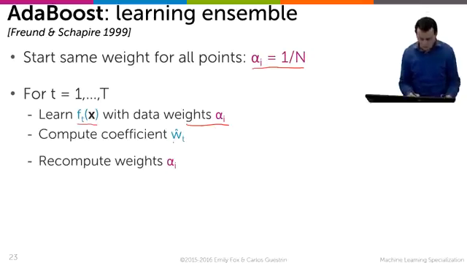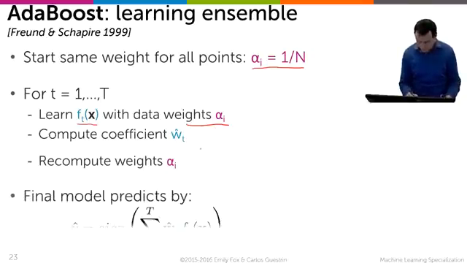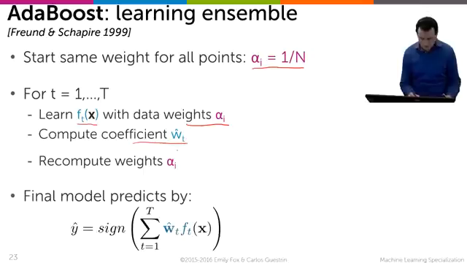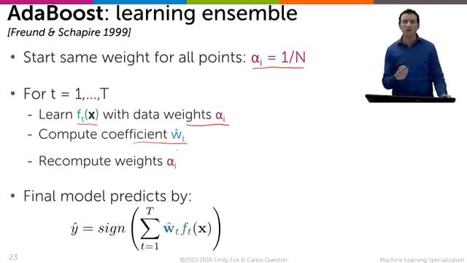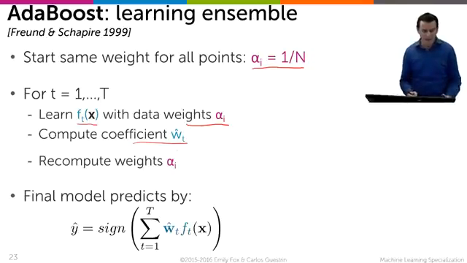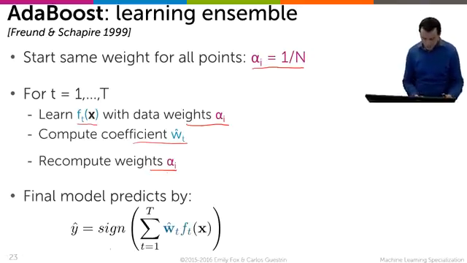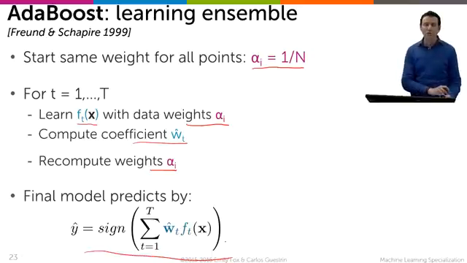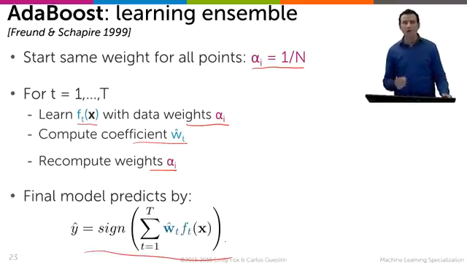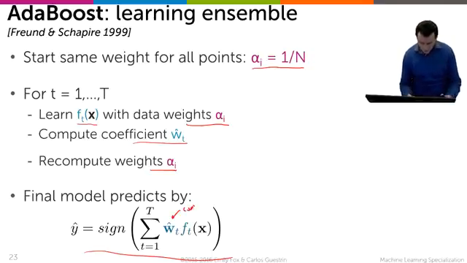Then we compute the coefficient w hat t for this new classifier f_t that we learn, and then we recompute the weights alpha i. And we keep going. Finally, once we're done, the prediction y hat is the sign of the weighted combination of f1, f2, f3, f4, weighted by these coefficients that we learn from data.